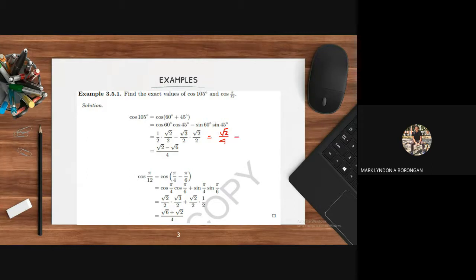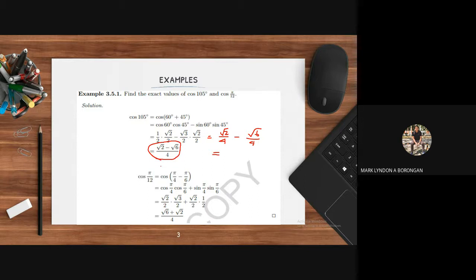Minus, 2 times 2 is just 4. Square root of 3 times the square root of 2, you'll have square root of 6. So, square root of 2 minus square root of 6 divided by 4. That is the final answer.